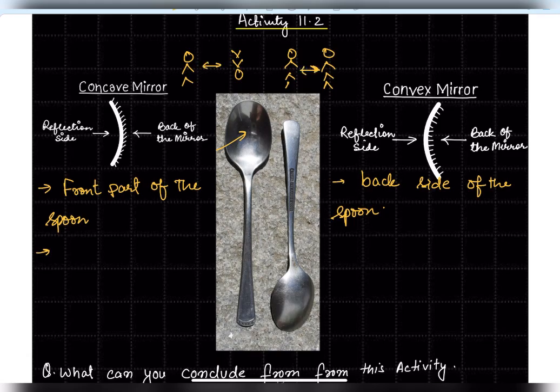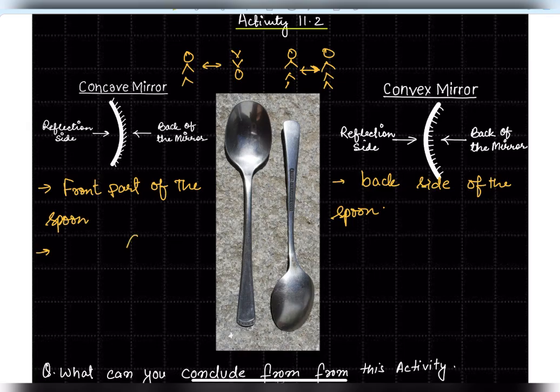Are you getting the point? Another thing is, if you are standing very far away in front of the concave mirror, you'll find the image is small, and as you go closer and closer, it becomes bigger and bigger, and it will be magnified.